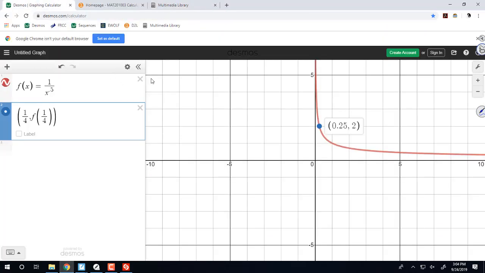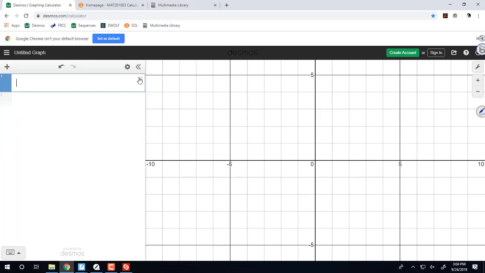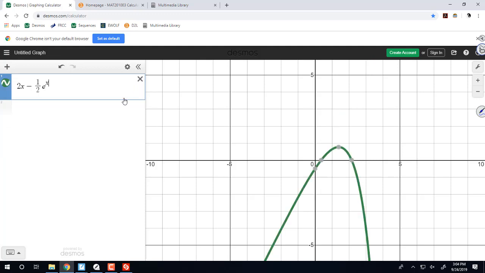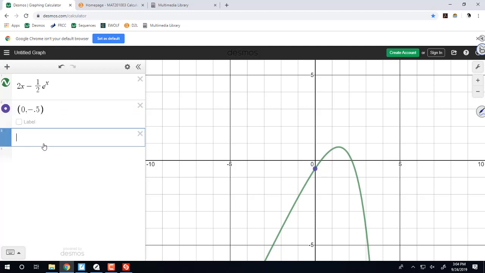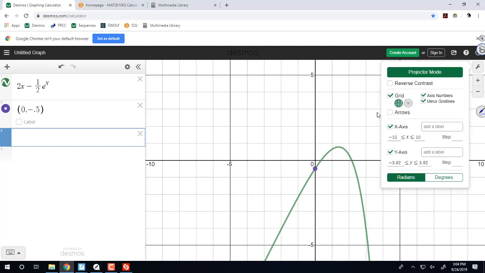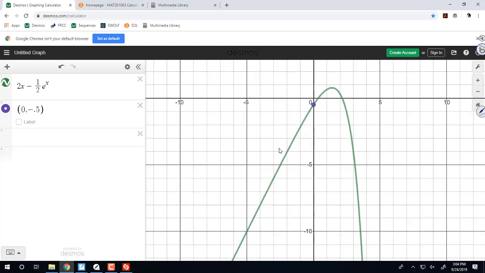Let's just grab this here. So there's the original function given. We wanted to know how steep it is at this location.